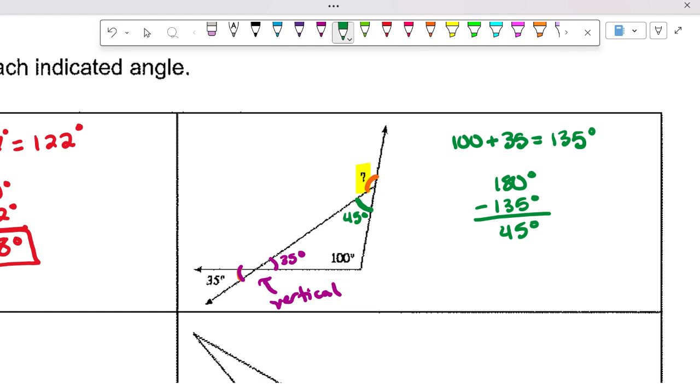So my suggestion, turn your paper so that this line looks like this. They look like they're supplementary. It's hard to see because it's on its side, but if you turn your paper and look at it from a different angle, no pun intended, it does look like a linear pair or set of supplementary angles.